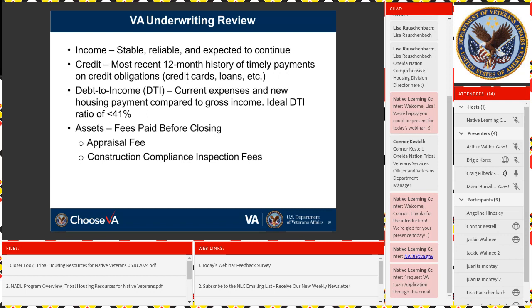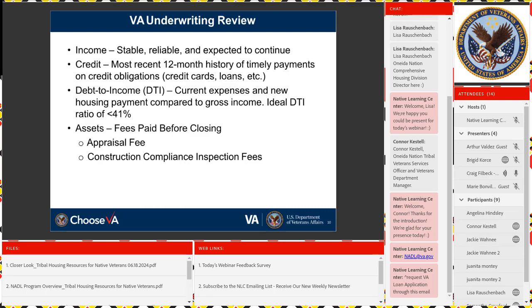A debt to income ratio example, and I'm just going to use a very simple term. Let's just say a veteran's gross income is $10,000 per month. Including this new home loan and any debts that the veteran currently has, we want their total debts to not exceed 41% of their monthly income.